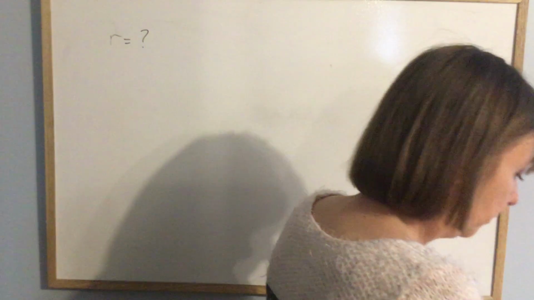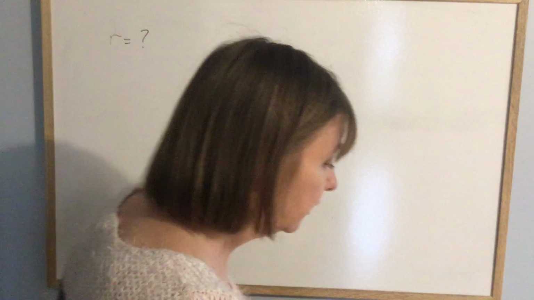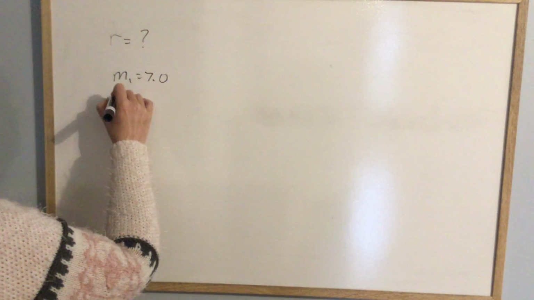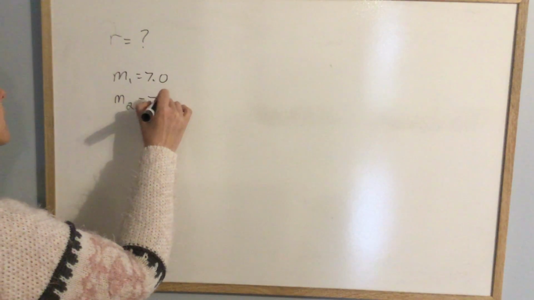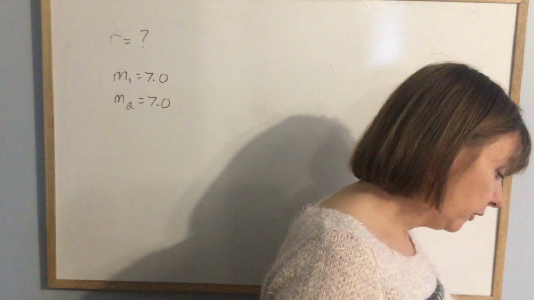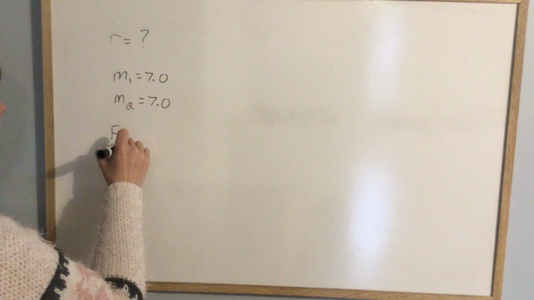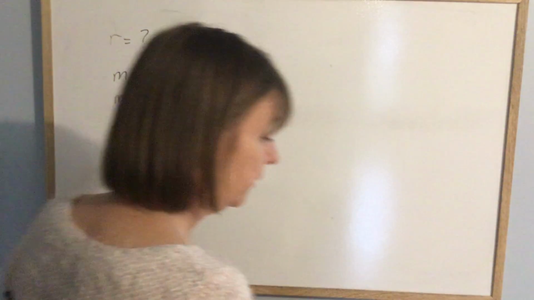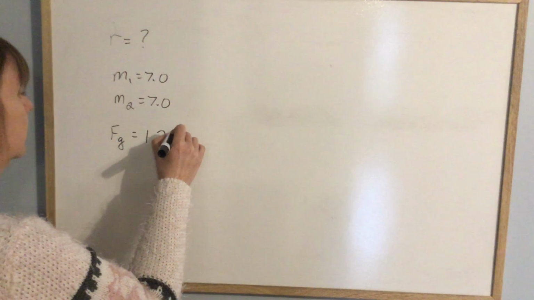How far apart would you have to place 2 7-kilogram bowling balls? So mass 1 is 7, mass 2 also 7. How far apart would you have to put them so that the force of gravity between them would have to be 1.25 times 10 to the negative 4th?